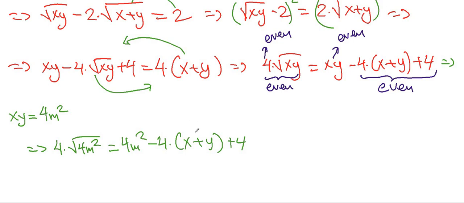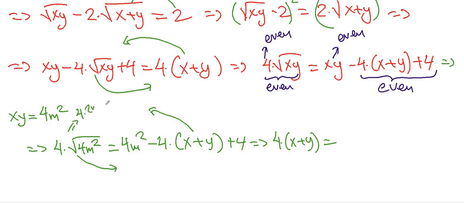Now let me move this 4 times x plus y to the left hand side and this one to the right hand side. Then I will get 4 times x plus y is equal to, as you can see, this term gives us 4 times 2m, and therefore this one is 8m.